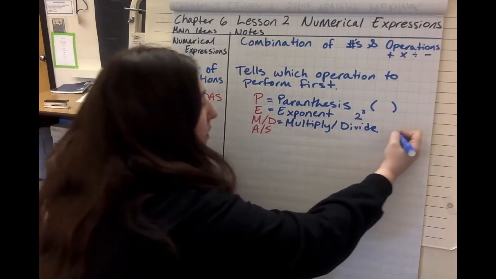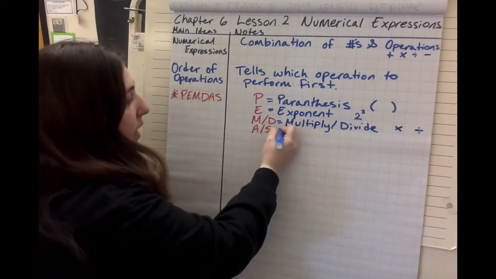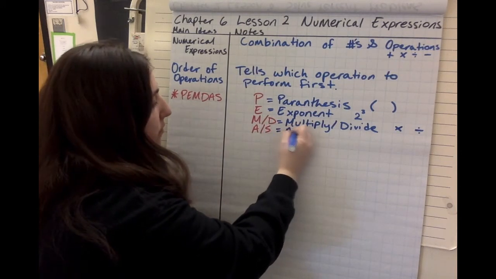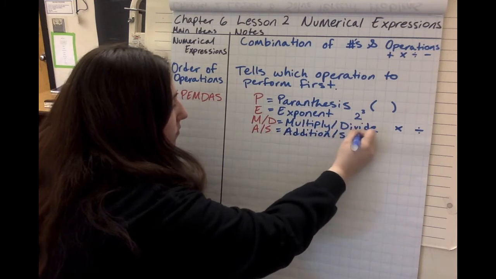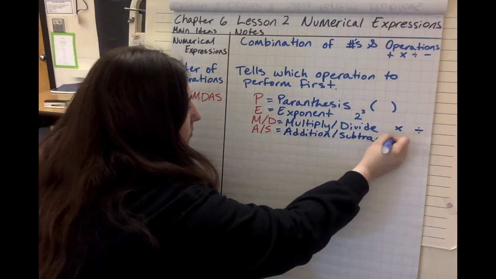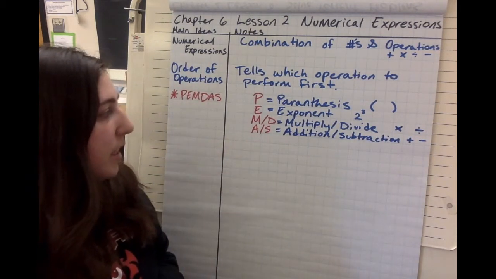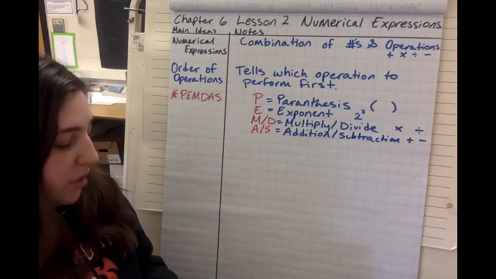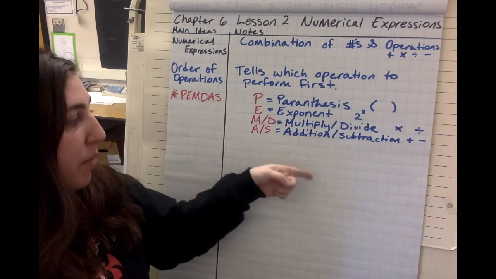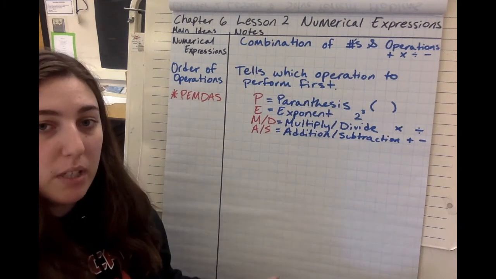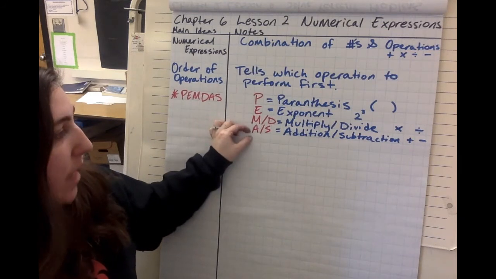So multiply and divide, and then addition and subtraction. Addition and subtraction is the same thing as multiplication and division. You wouldn't put addition above subtraction or subtraction above addition in the order of operations. So they tie as well.